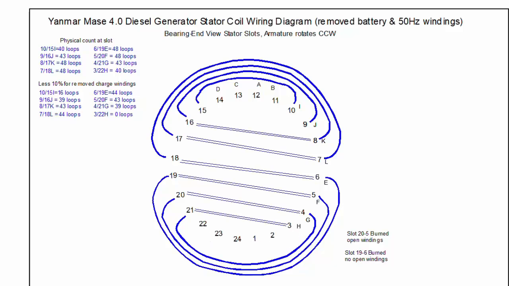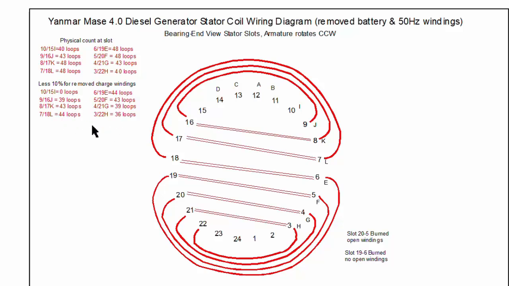Same way with the red windings: we have 0 loops from 10 to 15, and 36 loops from 3 to 22. So that's been corrected. Now we can use this table to find out how many loops we need in all 7 slots to match these same numbers.